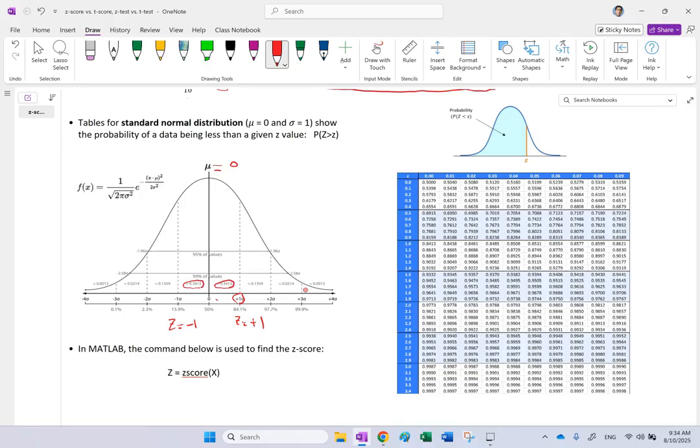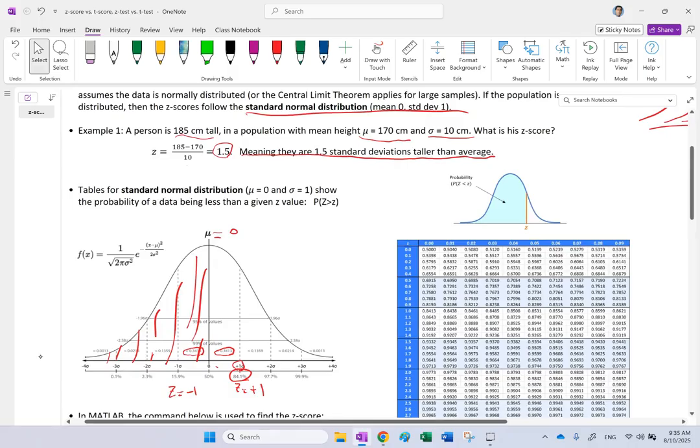So what does that mean? It means if half of your data are falling from negative infinity to mu, then if you go 1 standard deviation away from it, it's 50% plus and minus 34%. So you can go to 84%, or you can go to 15.9%.